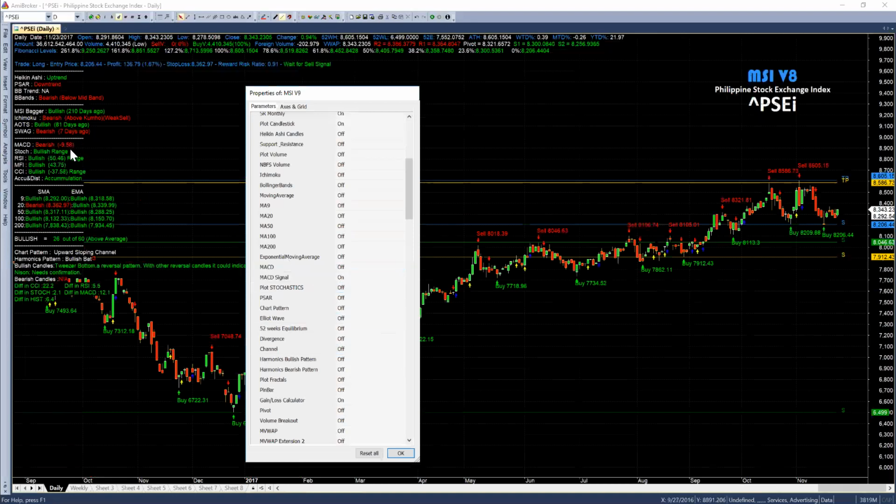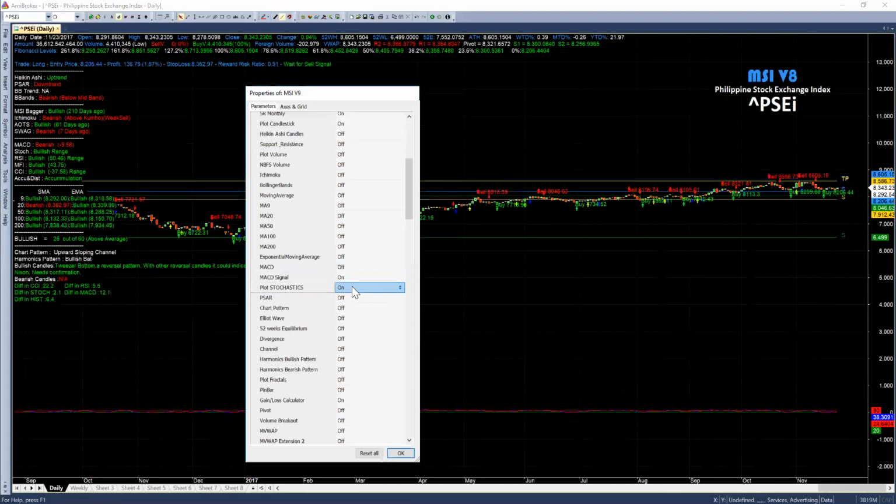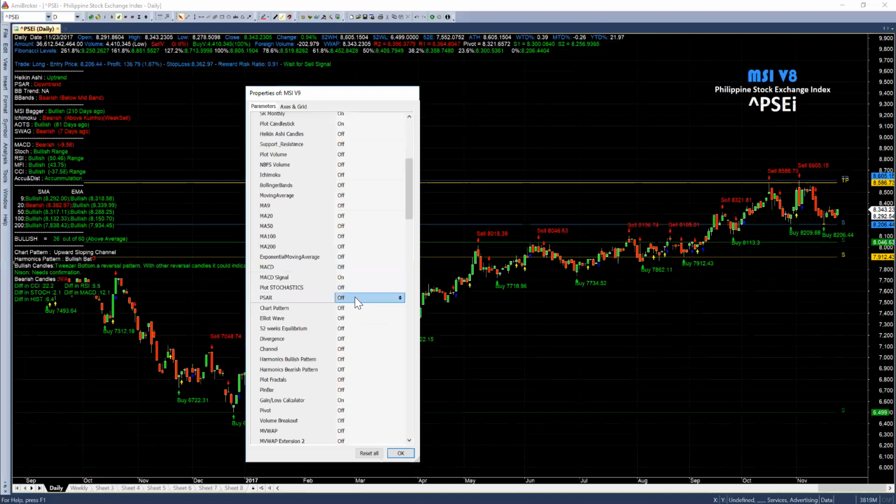Kung gusto niyo lang mag-double check, pwede niyo silang i-on dito. Okay, this one is the MSI signal, the blue signals. You can switch it on and off. We have the stochastics also. We have the parabolic SAR.